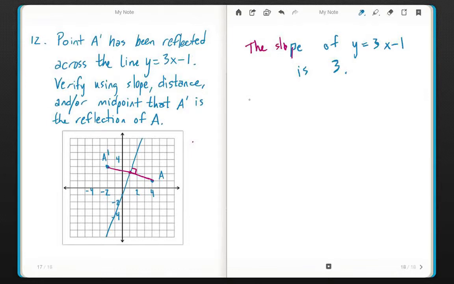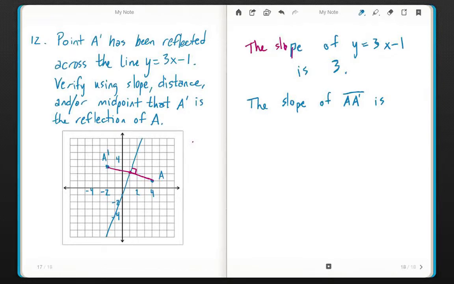Now if I was to look at the slope of the line that we drew connecting A to the reflection of A, it can be seen by simply counting it up here. We can go from any two points. I'm going to go from endpoint to endpoint.